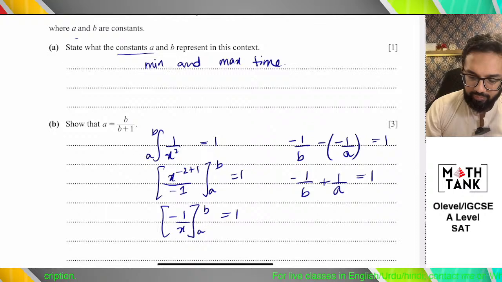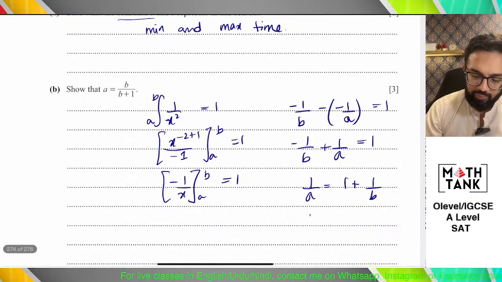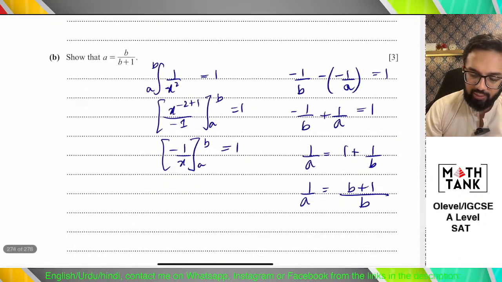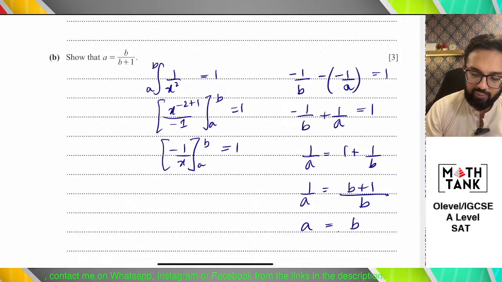Okay, 1 over a equals 1 plus 1 over b. So 1 over a equals b plus 1 over b, and then I take a reciprocal on both sides.